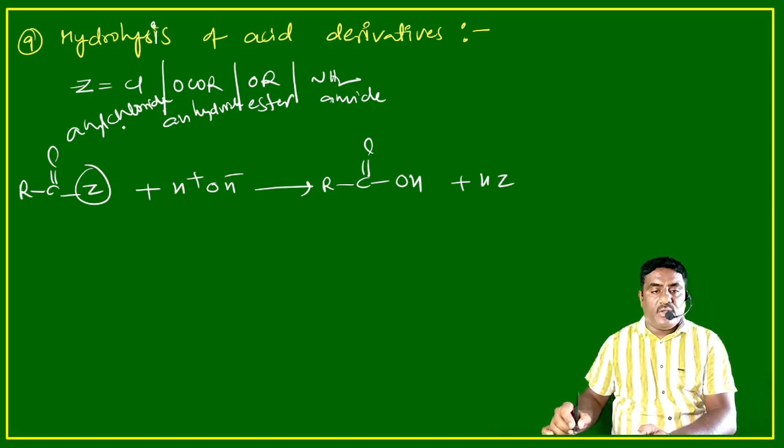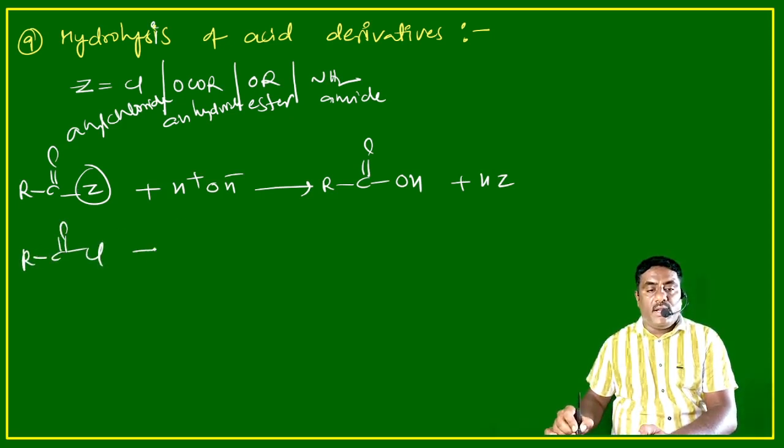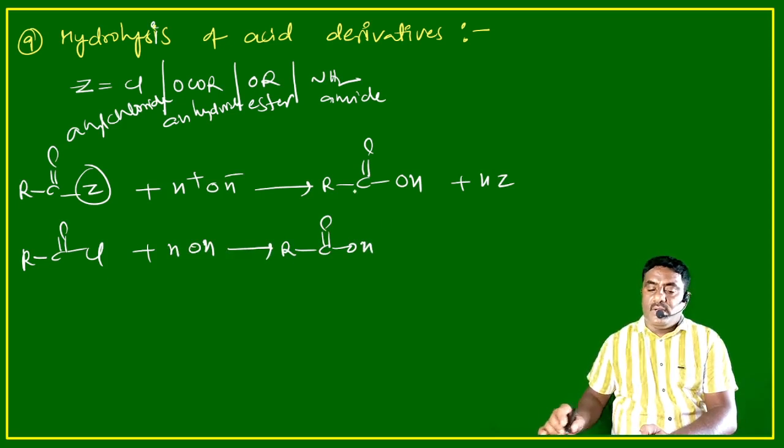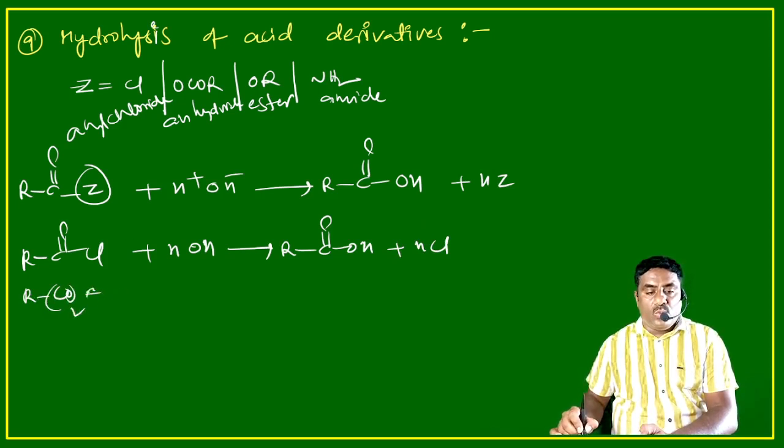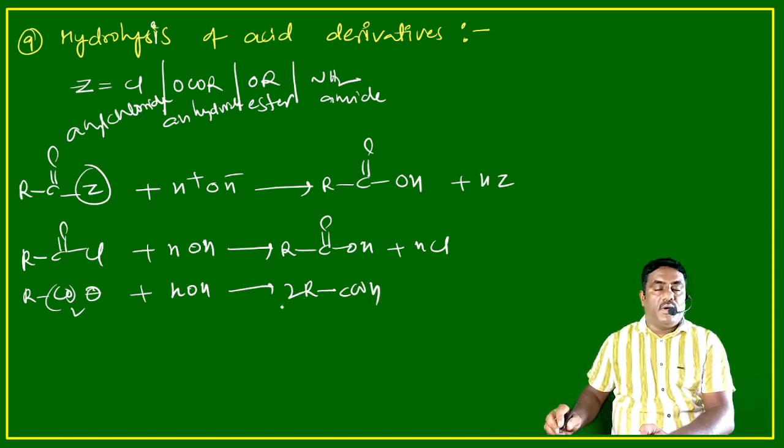For example, RCOCl with HOH forms RCOOH. Let's take one more, anhydride, which on hydrolysis gives carboxylic acid.